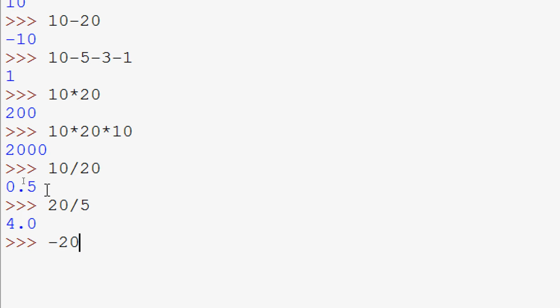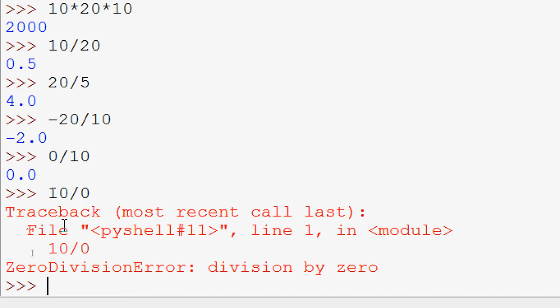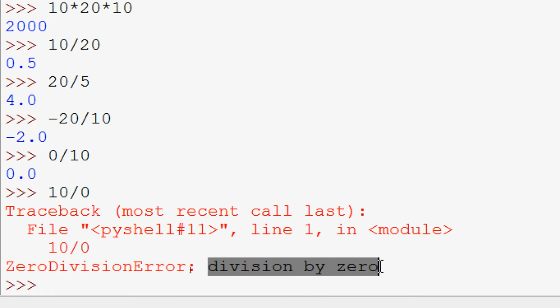Negative 20 divided by 10, so it's minus 2. We will try 0 divided by any value, so it's 0. We will try 10 divided by 0. What is the result? Here we can see an error, ZeroDivisionError. Division by 0 is not possible.